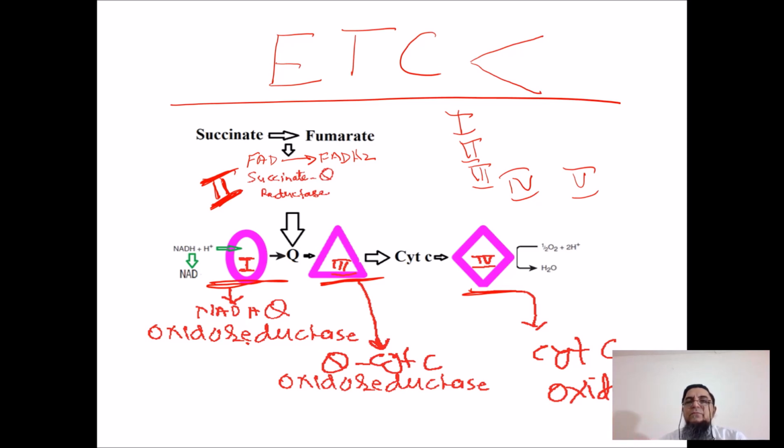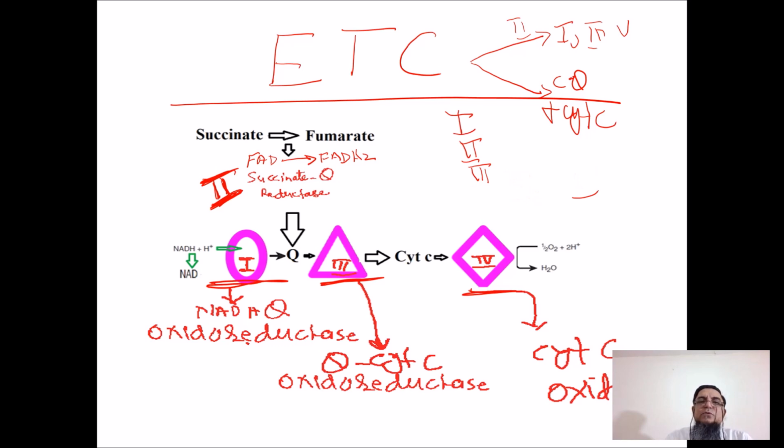Complex 1, complex 2, complex 3, and complex 4 are fixed, whereas coenzyme Q, also called ubiquinone, and cytochrome C are mobile.